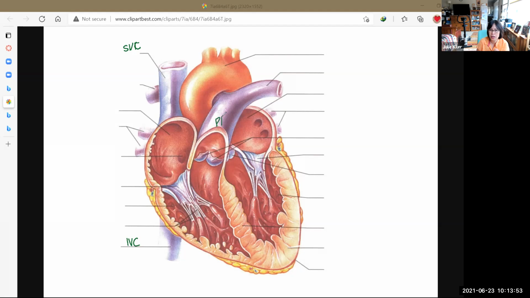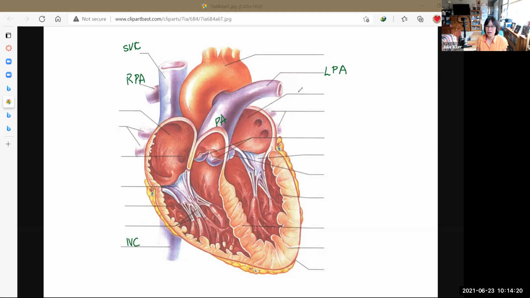This is the left pulmonary artery. This is the right pulmonary artery, right? Are we good? And then they go to the lungs. They do gas exchange, oxygen, carbon dioxide. We exhale carbon dioxide, we inhale oxygen, right?